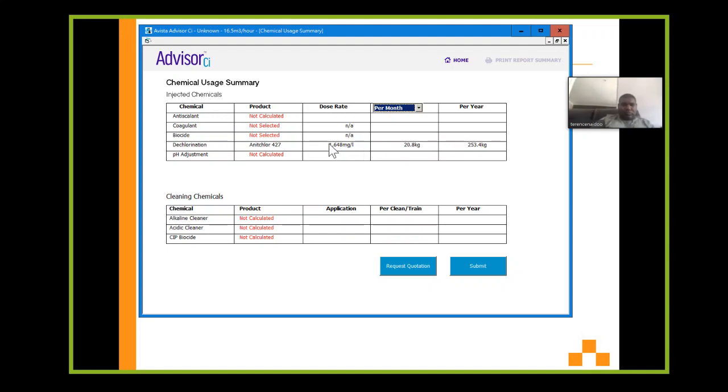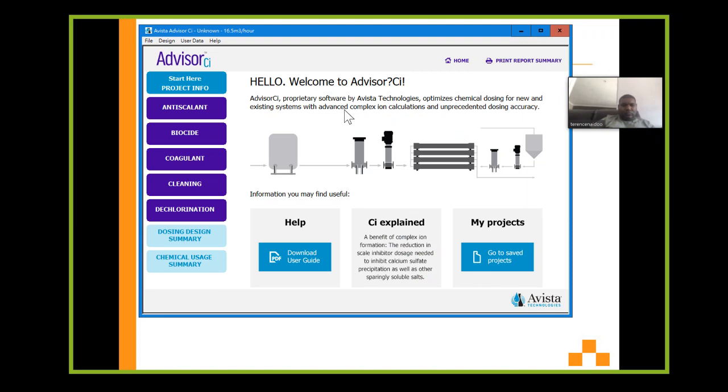Okay, so this is for a big project. I think this is for 30 cubic meters per hour, but you only need 20 kg. That's about 1 pail per month. Okay, so that's the software. The most powerful part is the anti-scalant.